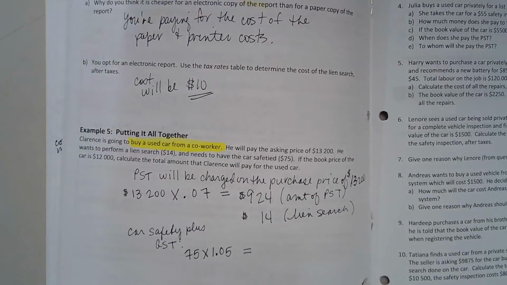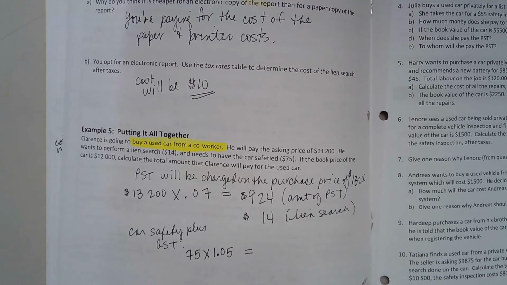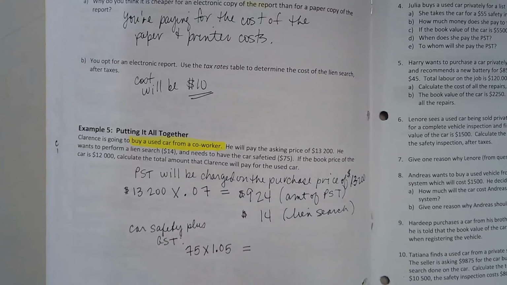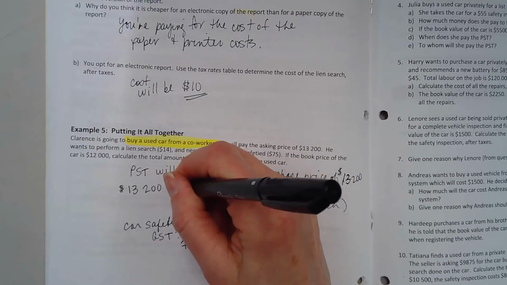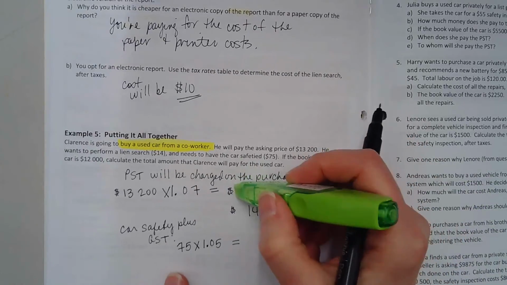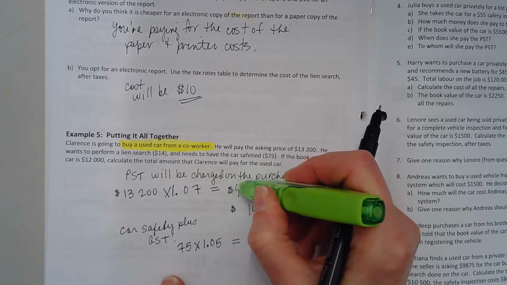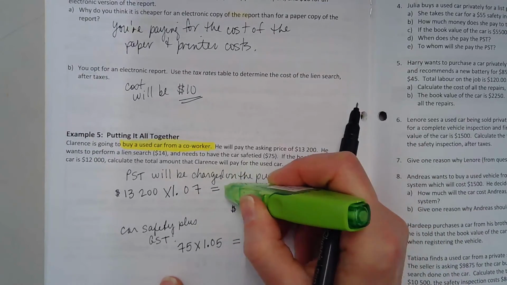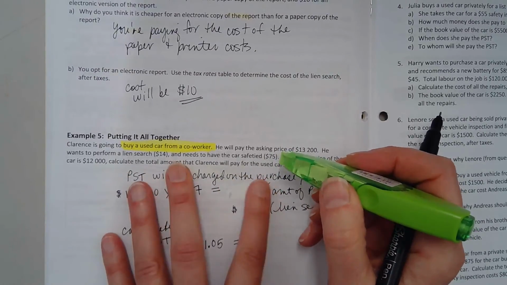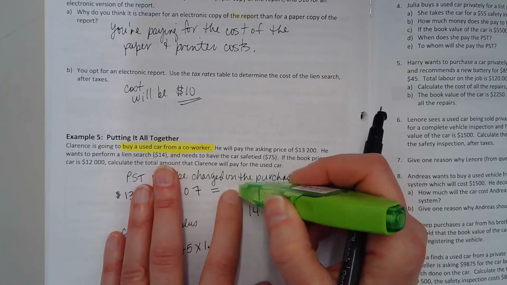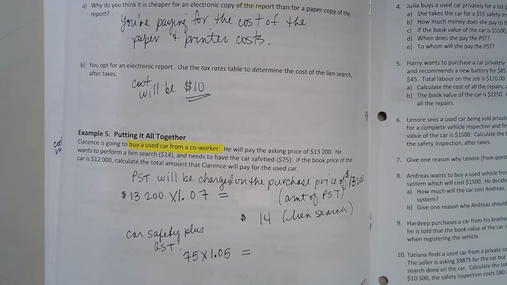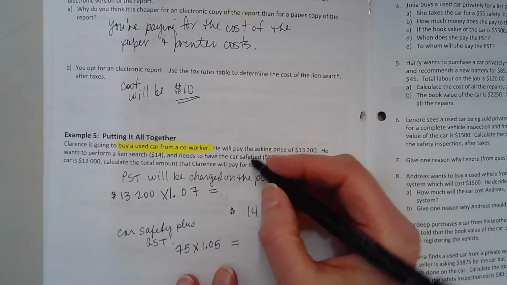How did you get the 1.05? Well, GST is 0.05, right? And if I wanted to do the quick way, I'm going to do the quick way up here too. I'm going to go backwards and redo this one, if that makes sense. The reason I can redo it this time is because it is on the book value, or on the purchase price. So 13,200 times 1.07 gives me 14,124.